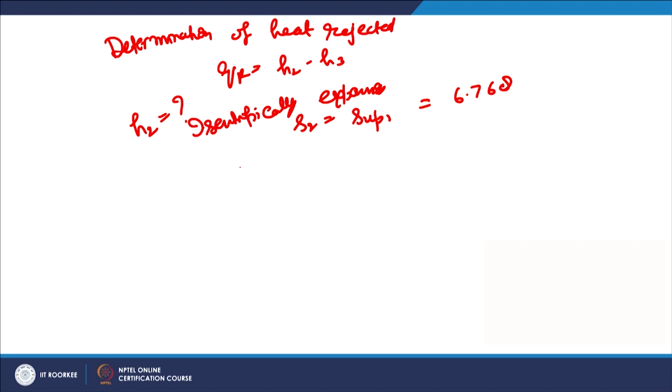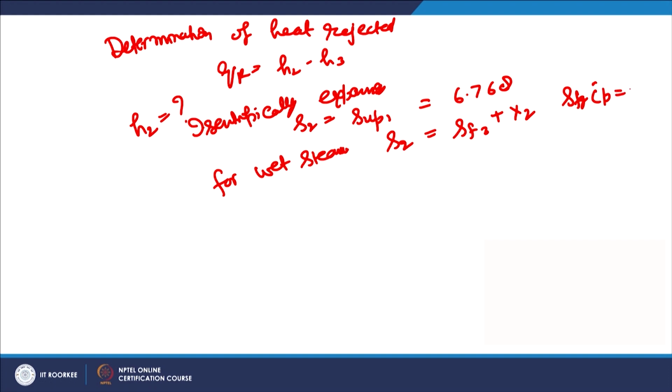Now for wet steam, at point 2, S2 is equal to S3 plus dryness fraction times SFG at P equal to 0.07 bar.